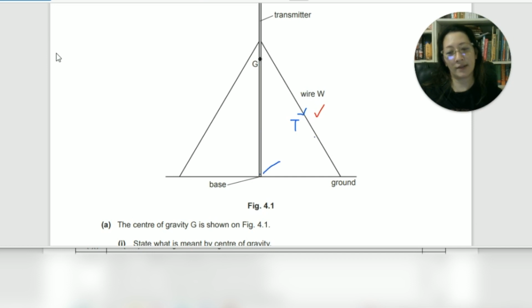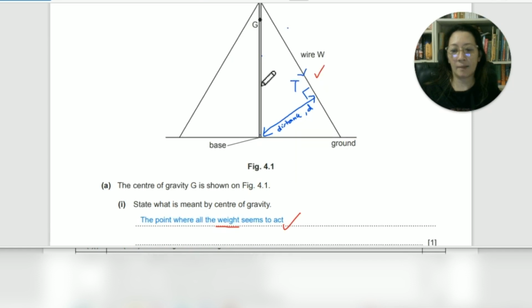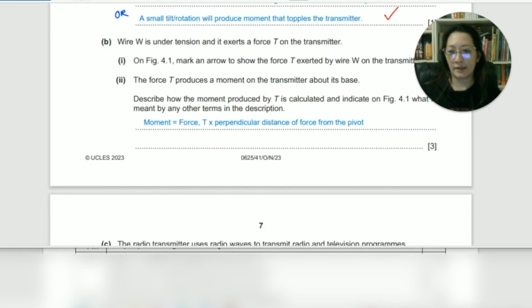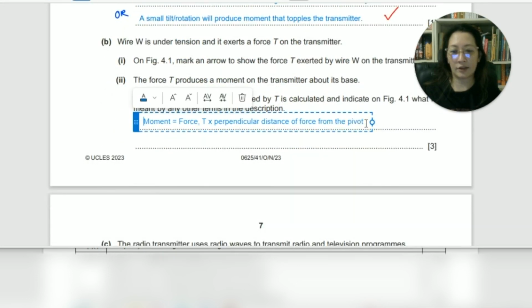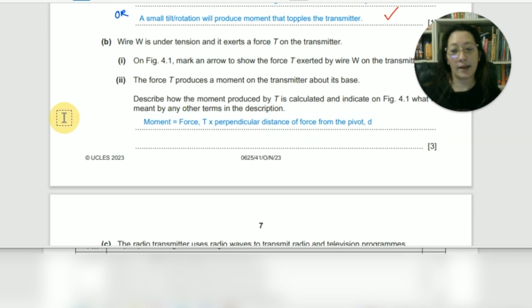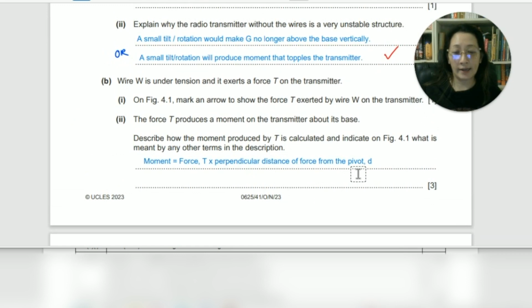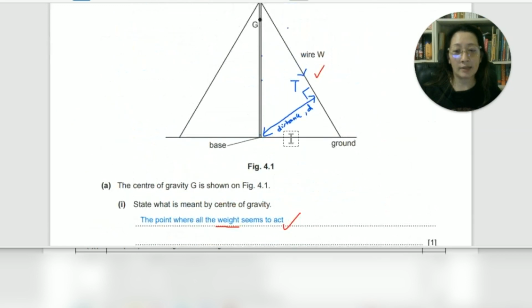As you can see, this is how we should be measuring the distance, because here is our right angle. So this is the distance. I'm going to label this as D, and I'm going to add D in our calculations here so that it's easy for the examiner to find where D is based on our labels.